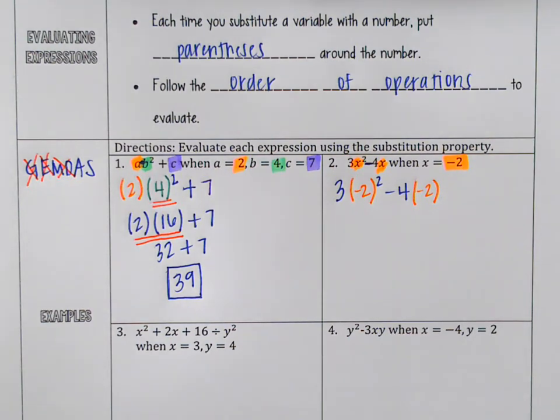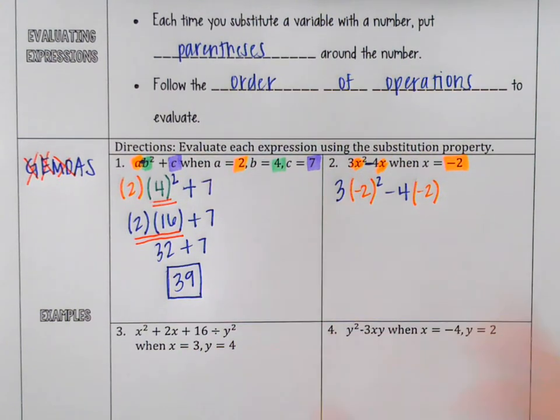Now that we've substituted, we again follow our order of operations. Looking at our grouping symbols, there's nothing inside that I can simplify further. I can't simplify -2 any further. It would be different if you had addition inside the parentheses, which we don't.